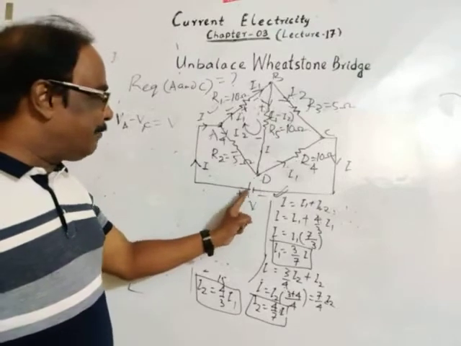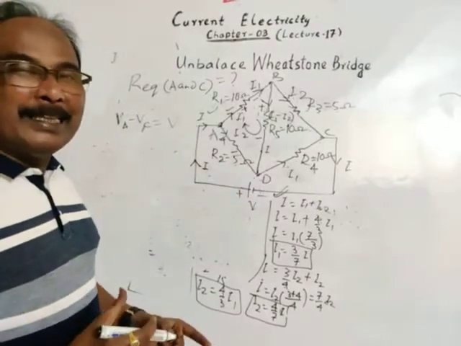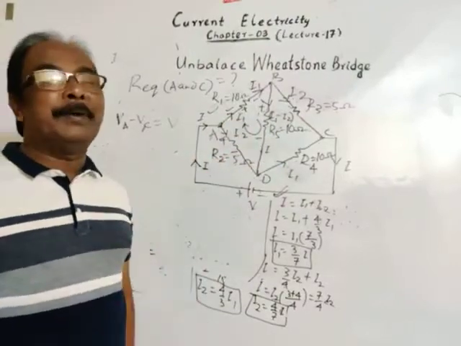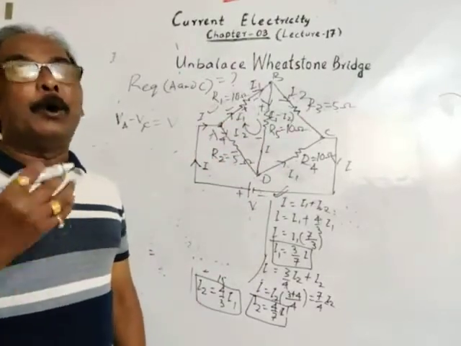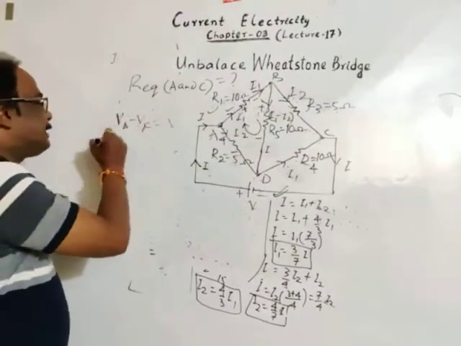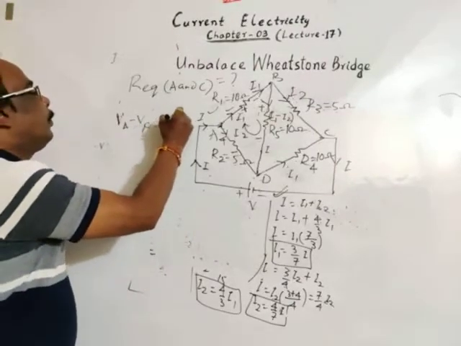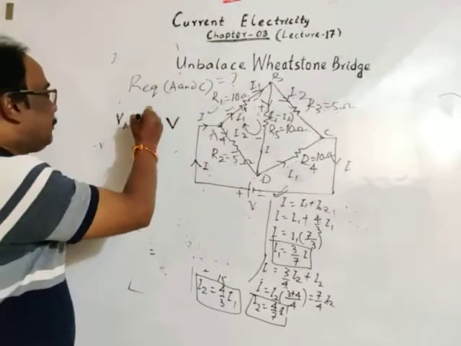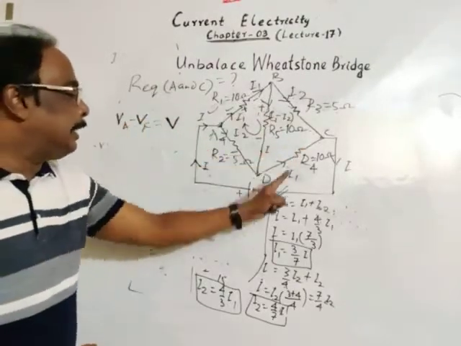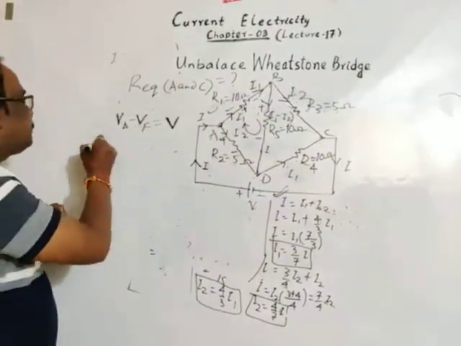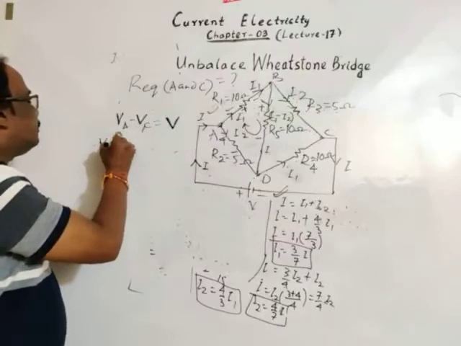If terminal potential difference of the cell is V, then potential difference between A and C is also V. Okay. Now let's find potential difference between A and C.